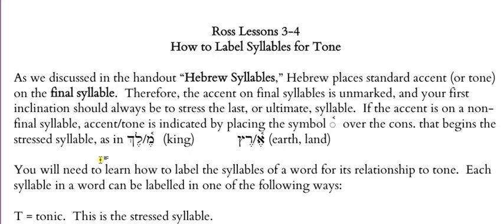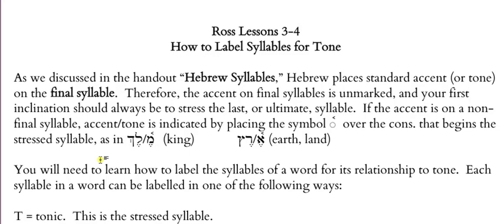Now, as we discussed in the handout Hebrew syllables, Hebrew places the standard accent or tone or stress on the final syllable. And therefore, the accent on final syllables is unmarked in our textbook. And your first inclination should always be to stress the last or the ultimate syllable.